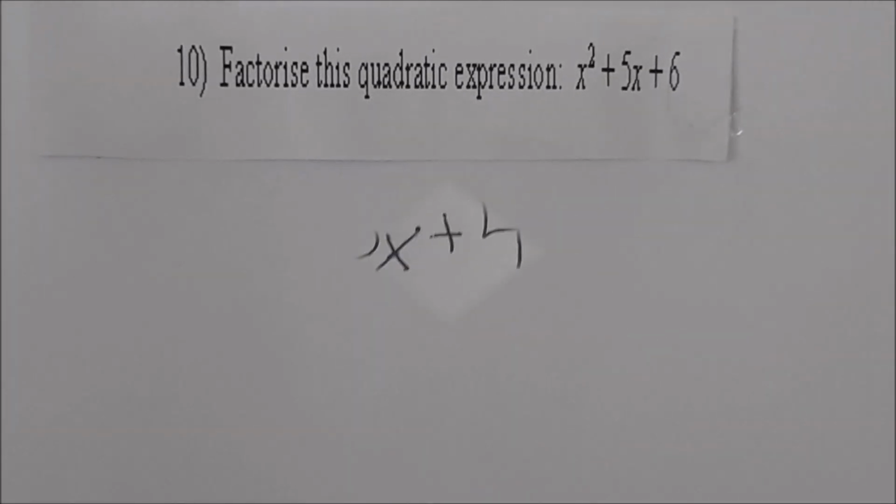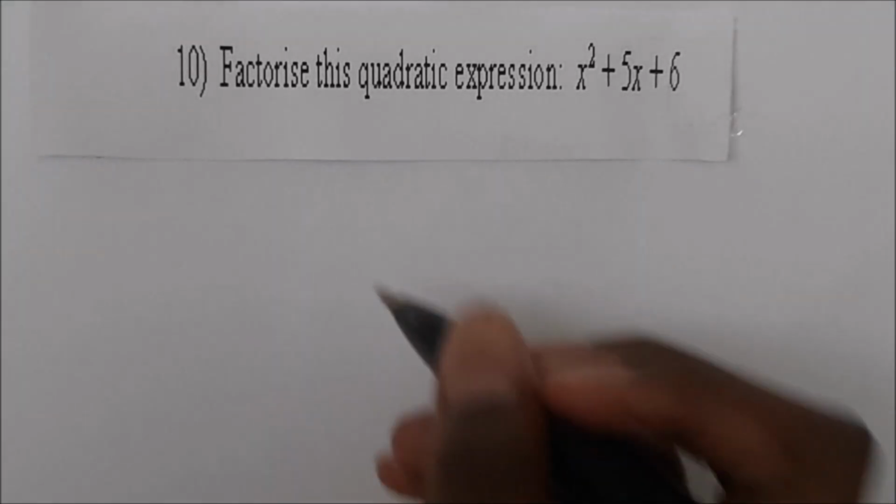Very good. Okay, Rafaela, number 10, read it. Factorize this quadratic expression. X squared plus 5x plus 6. Okay, put your brackets. Write it again. X squared plus 5x plus 6.